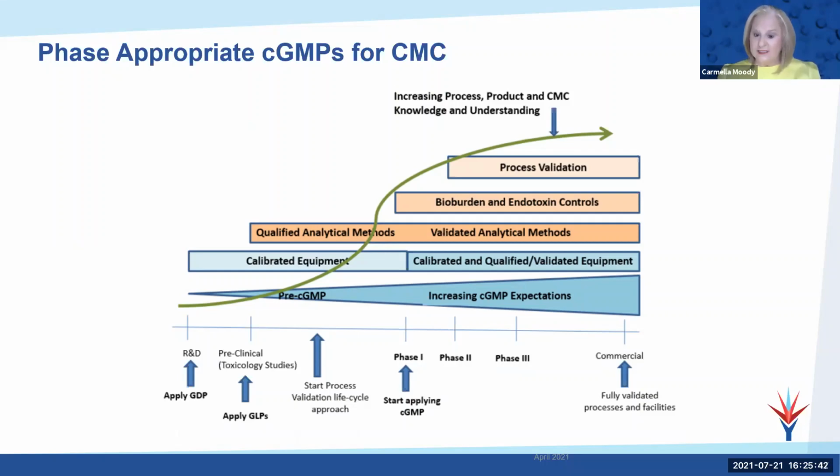They increase, and what you have to have from early phase to later phase changes and progresses. And this is just an example of some of the things and how the current good manufacturing practices change and increase during your development program. Next slide.